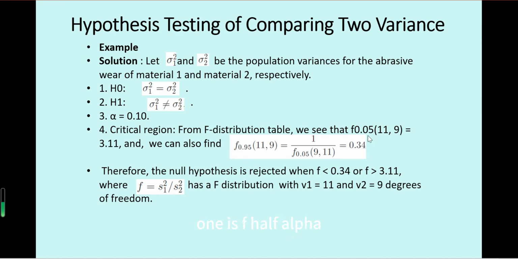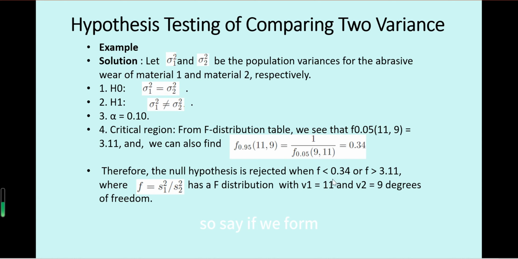One is F at half alpha 0.05 with the given degrees of freedom, and we can find this from the F-distribution table, which is 3.11. And we will also get a critical value F 0.95 with the corresponding degrees of freedom, which can be obtained from this formula and equals 0.34.